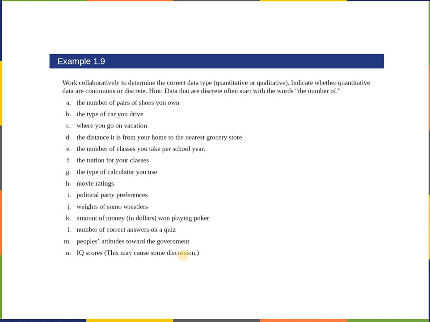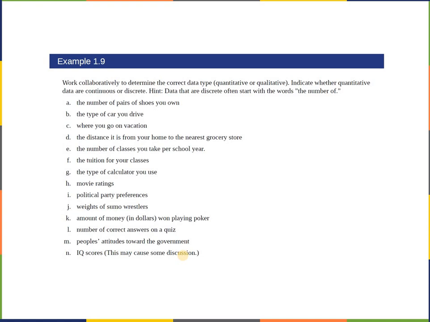G, the type of calculator you use. So the type of calculator could be graphing calculator, could be scientific calculator, could be a basic calculator. So all of these are basically categories. So it's qualitative, doesn't have a number attached to it. So that is a qualitative or categorical. H, movie ratings.